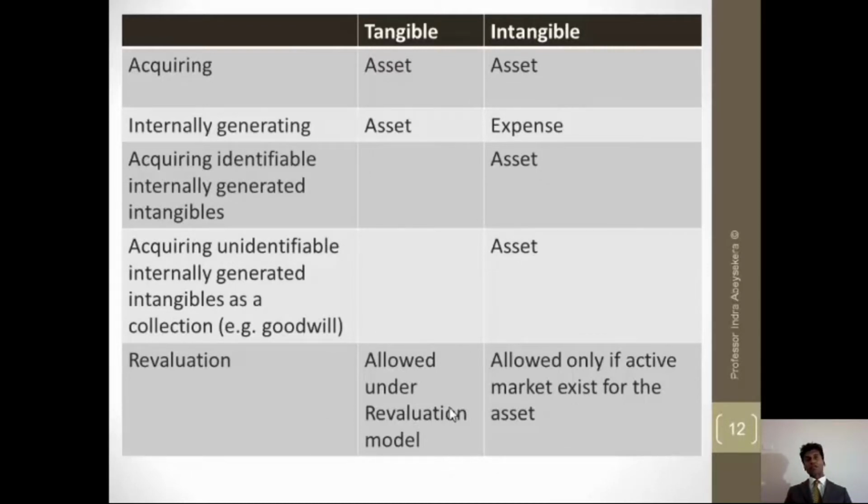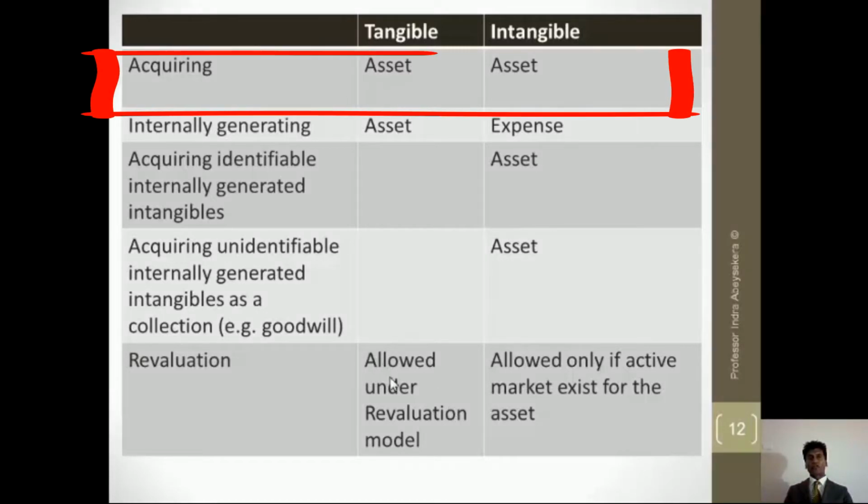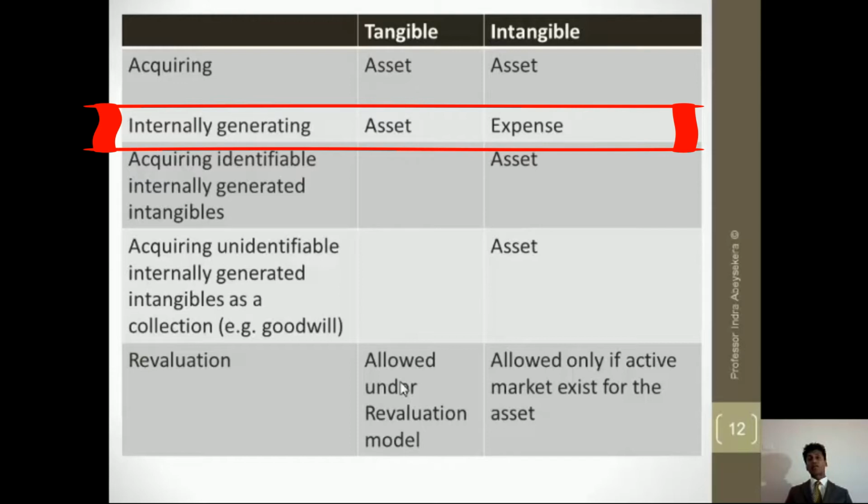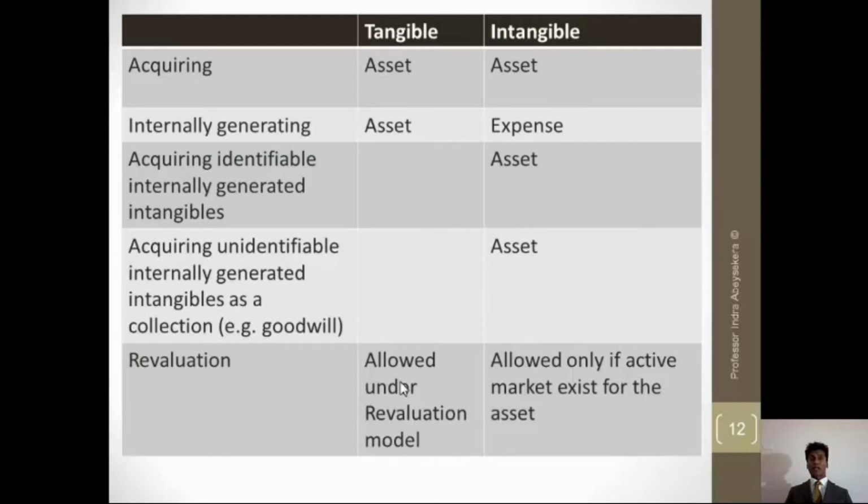A point of difference. When tangible and intangible assets are acquired, they are shown as assets. When a tangible asset is internally generated, it is shown as an asset. But for intangibles, those costs are shown as expenses.